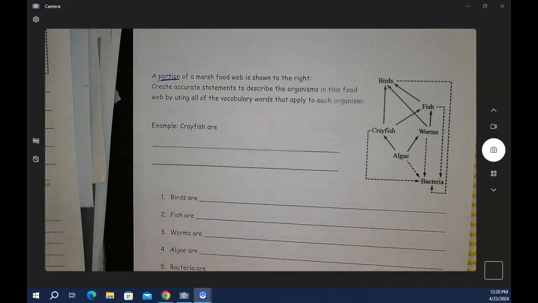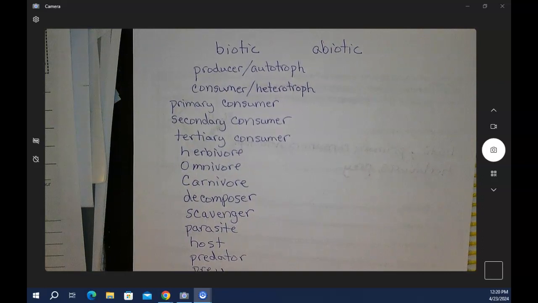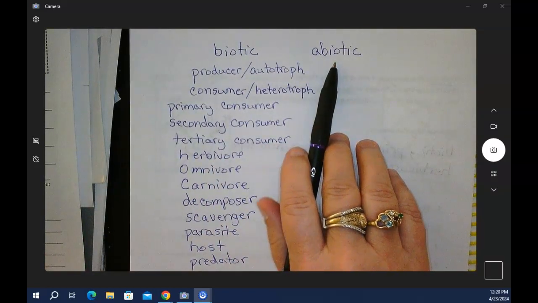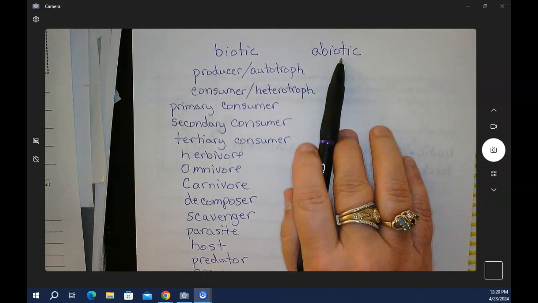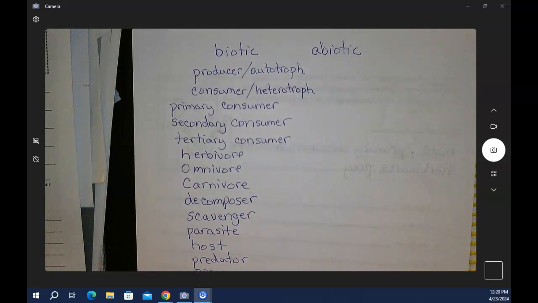And so I'm going to want you to flip that over onto the back and write this list of words: biotic and abiotic, though there shouldn't be anything on a food web that's abiotic, right? All of these things are biotic.